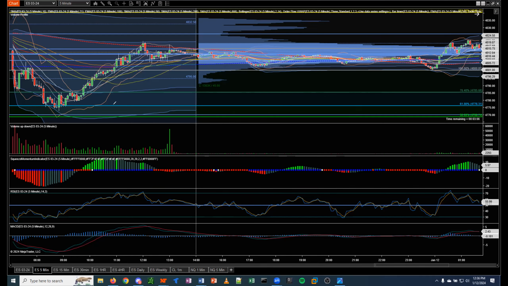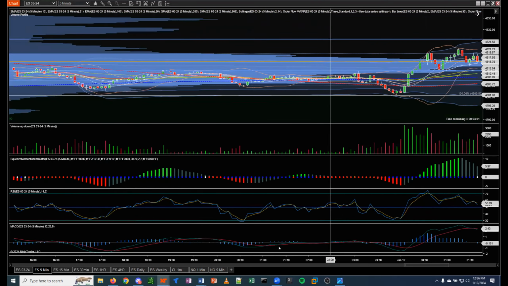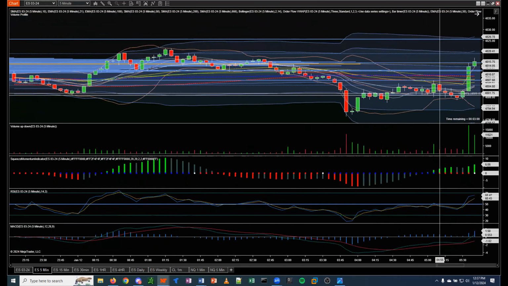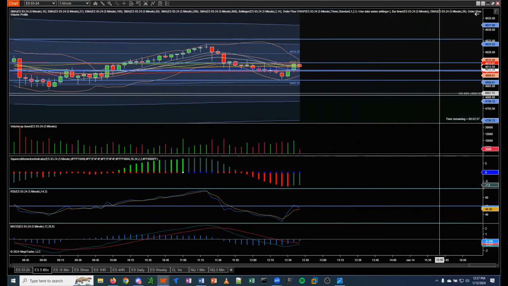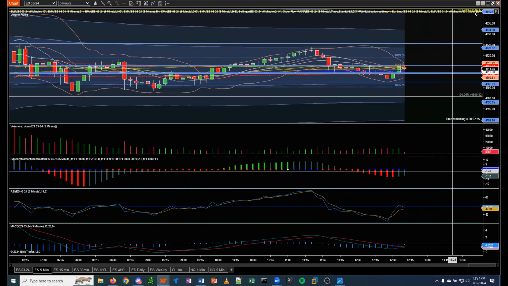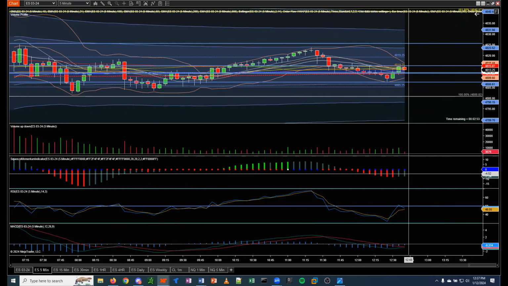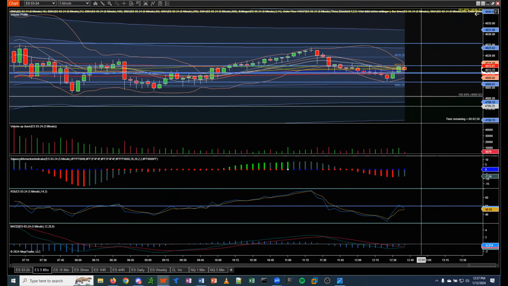But stack it up with your moving average, and stack it up with the fair value gaps. Stack that up and you'll be that much the better.